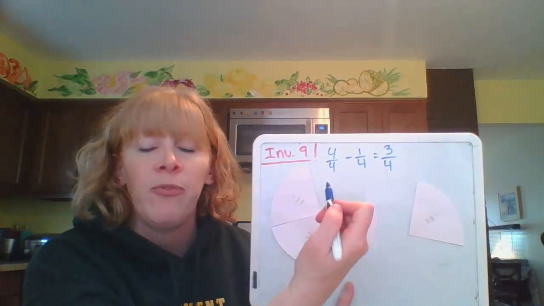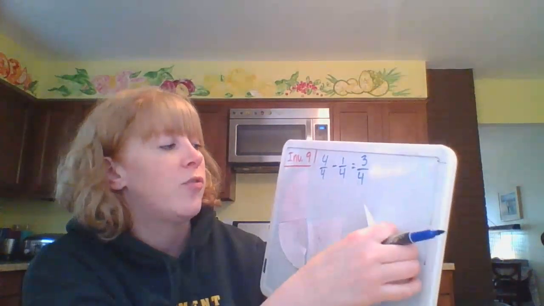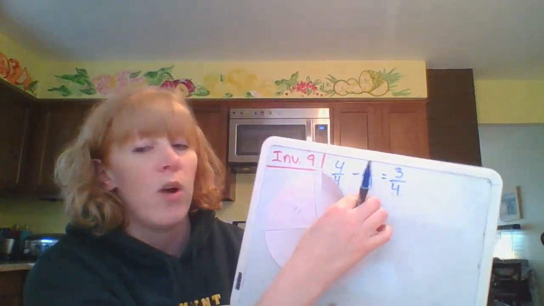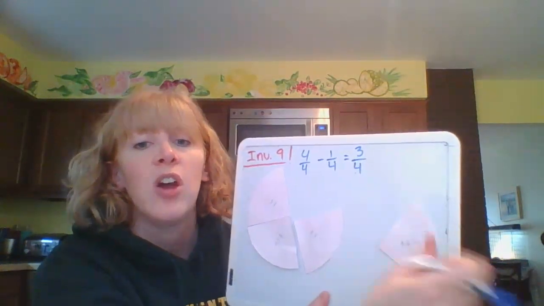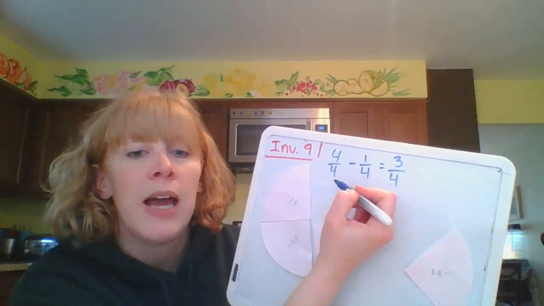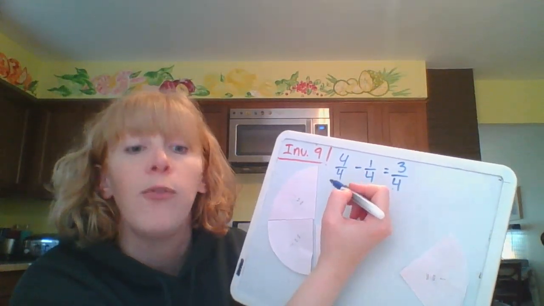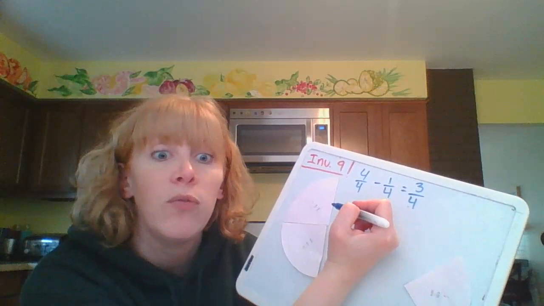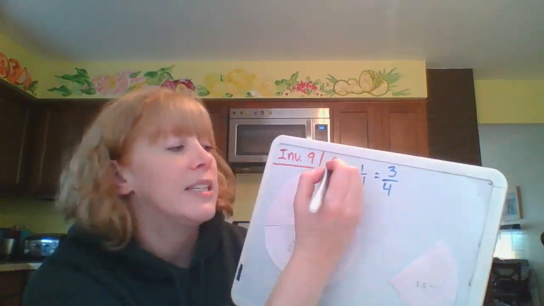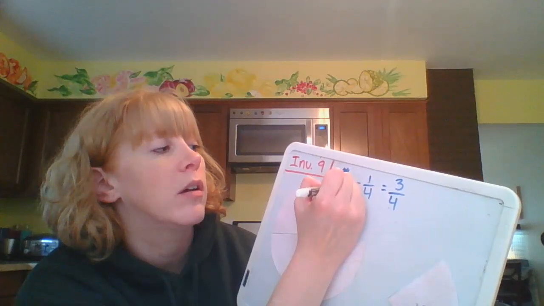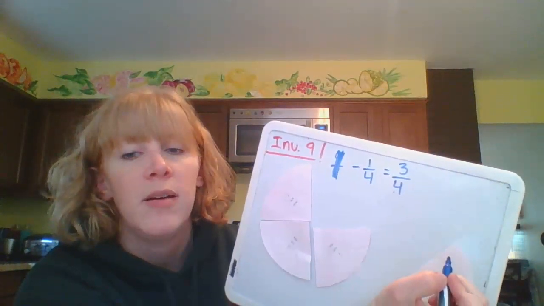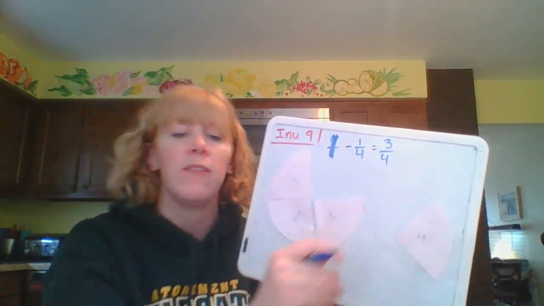So we've seen that before. Here's 4/4. Take away 1/4 equals 3/4 that are left. But when my numerator and my denominator are exactly the same, when I have 4/4 or 5/5 or 12/12, it's the same thing as having one whole. 1 minus 1/4 equals 3/4.